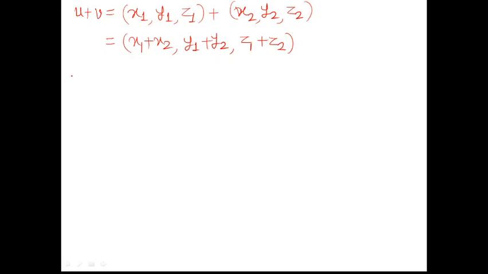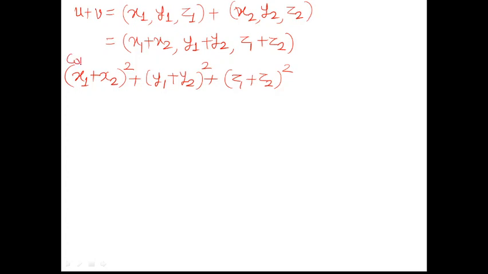Now, what we want to show is that U plus V belongs to W. For this, we take the square of each element and then add them: x1 plus x2 whole square, plus y1 plus y2 whole square, plus z1 plus z2 whole square. Since we have the square of the addition of two terms, we use the expansion formula.